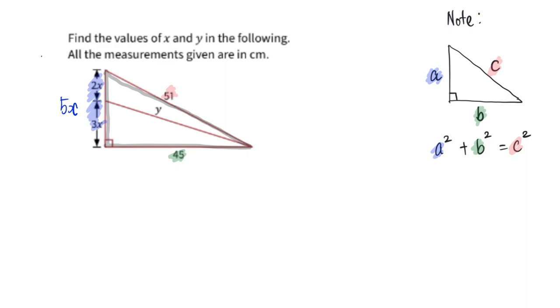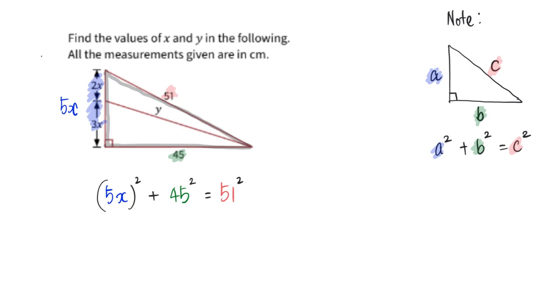So you will see Mr. Tan here writing 5x square plus 45 square to give me 51 square by Pythagoras theorem.